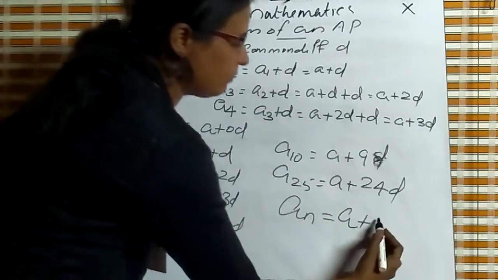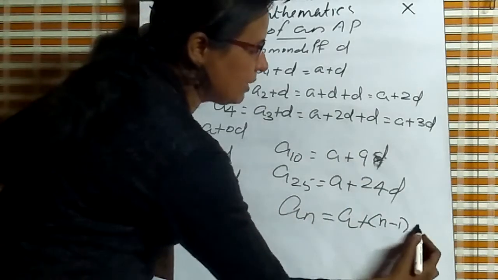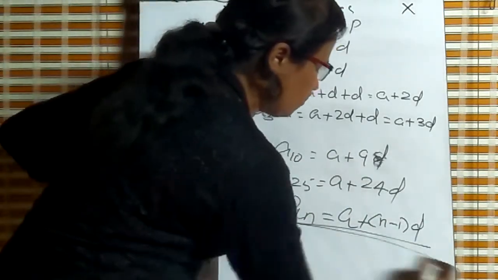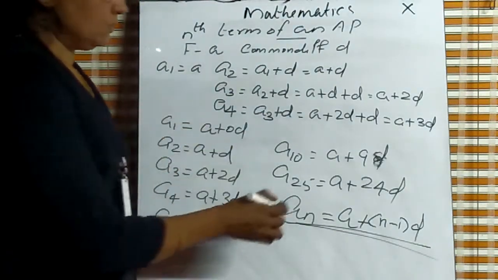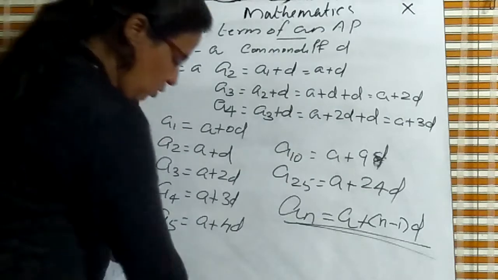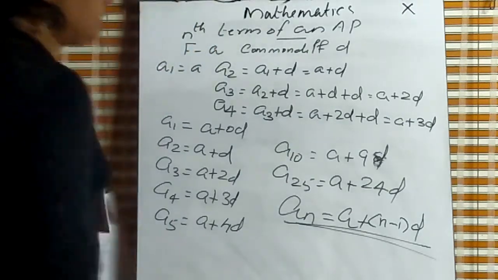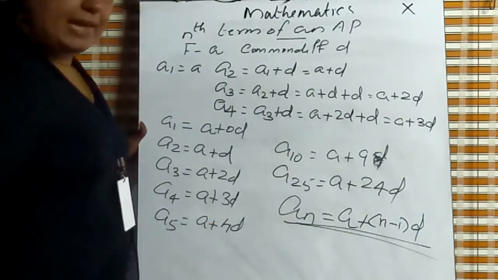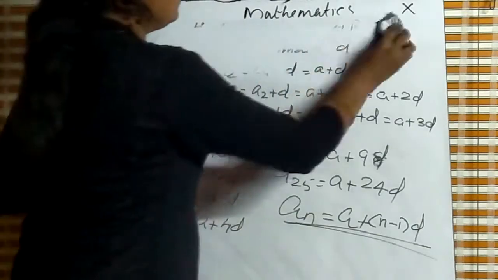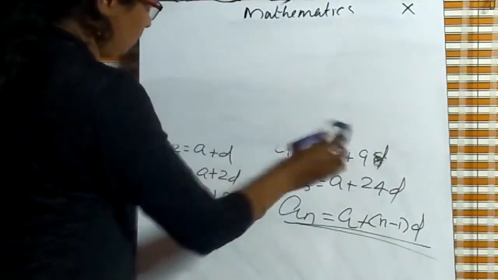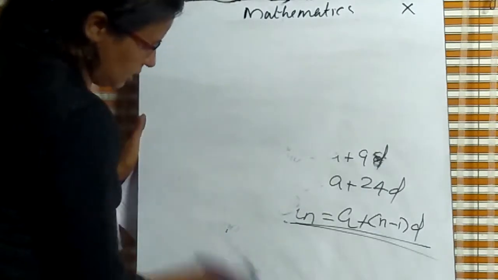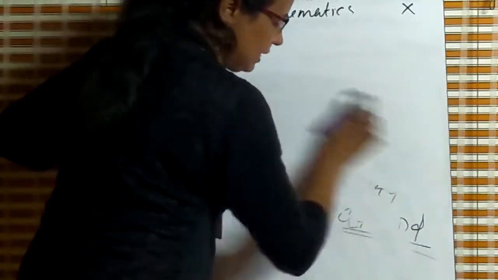So for the nth term we write A plus (N minus 1) into D. Therefore, the formula for finding the nth term of an AP is AN is equal to A plus (N minus 1) into D.